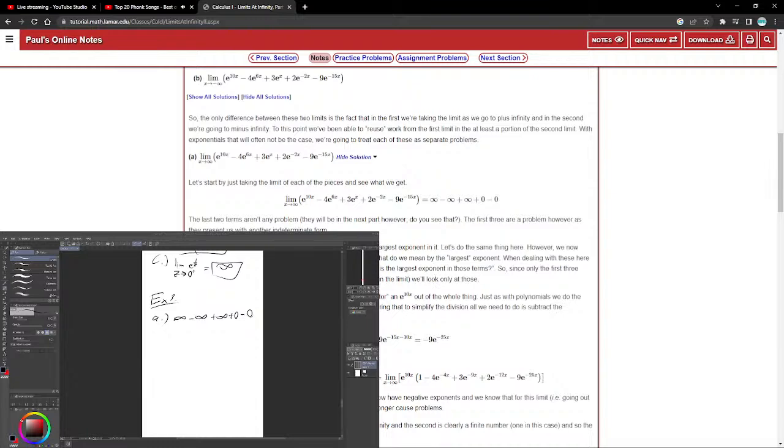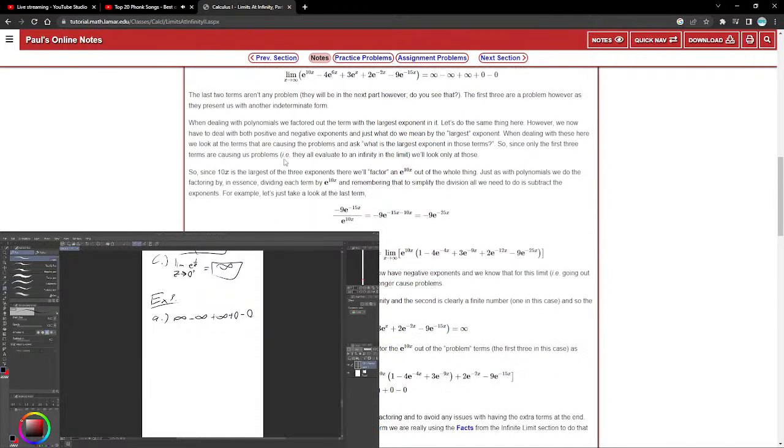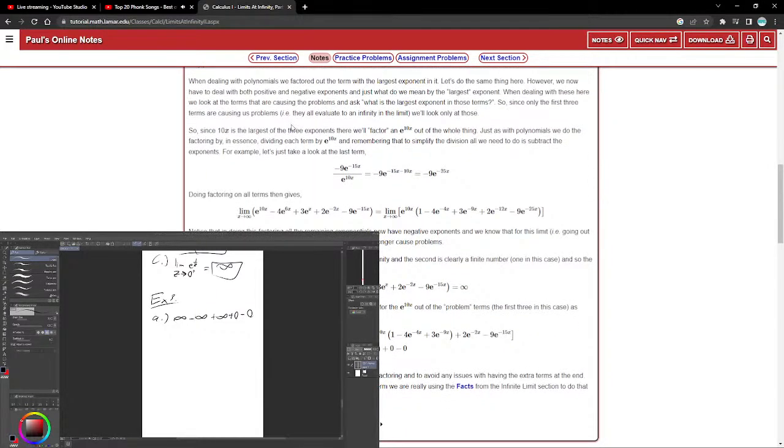The first 3 are our problem, however. They present us with another intermediate form. When dealing with polynomials, we factored out the term with the largest exponent in it. Let's do the same thing here. However, we have to deal with both positive and negative exponents and ask just what we mean by the largest exponent.